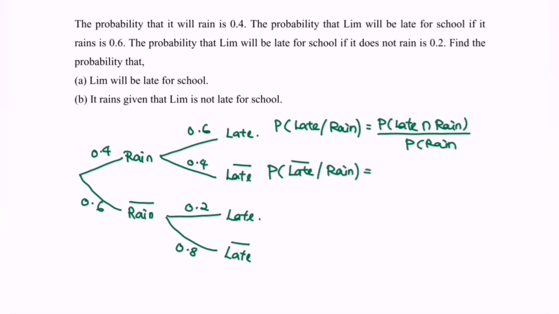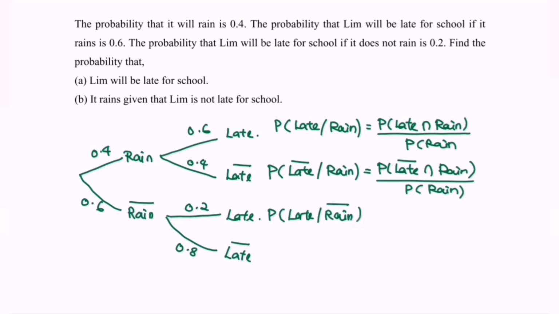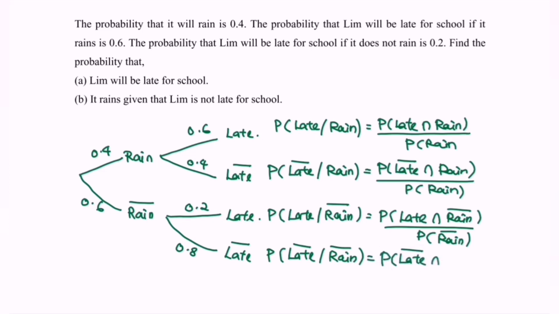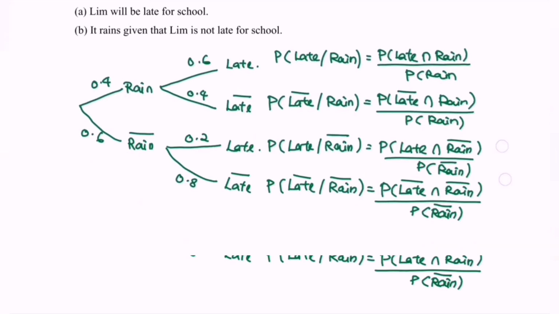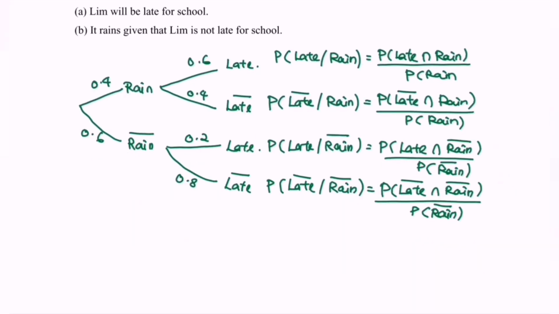We can express it as late complement intersect rain over the probability for rain. So here we have the tree diagram.